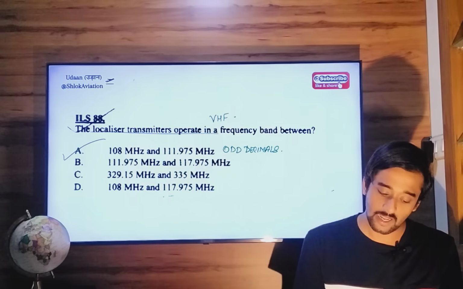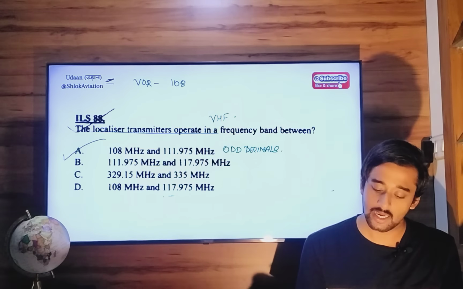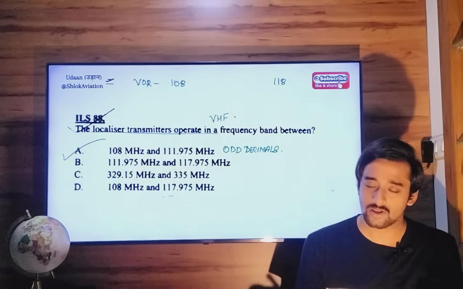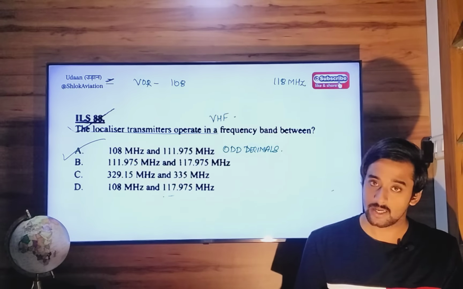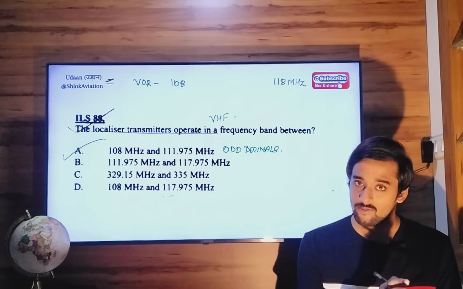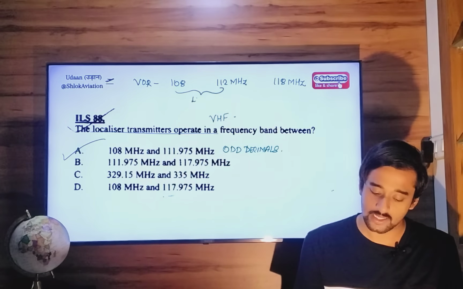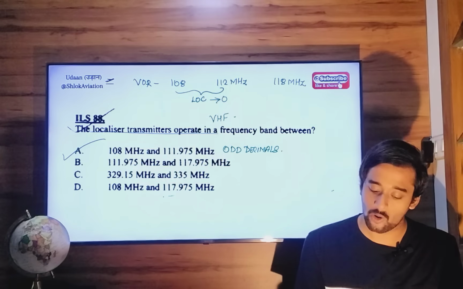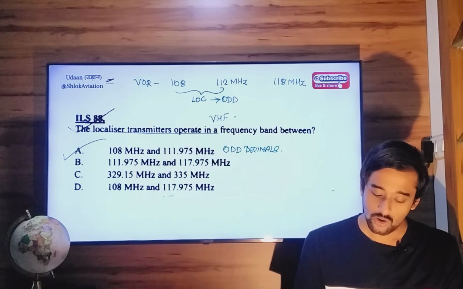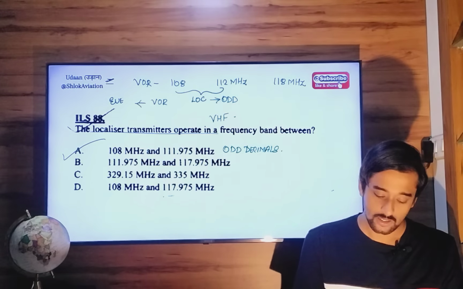Now VOR has a frequency band starting from 108 megahertz to 117.975 megahertz. Frequencies from 108 to 112 megahertz are shared with the ILS localizer. So the ILS localizer will have odd decimal frequencies, VOR will have even decimal frequencies. So remember that.